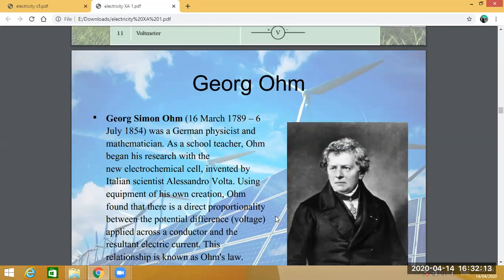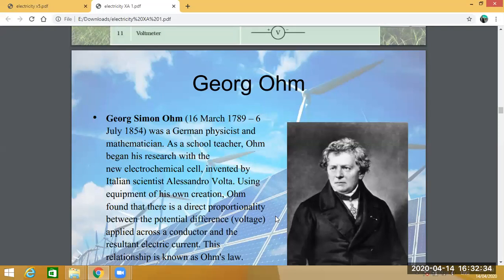So as a school teacher, Ohm began his research with the new electrochemical cell. At that time, the first electrical cell was given by Alessandro Volta, an Italian scientist.